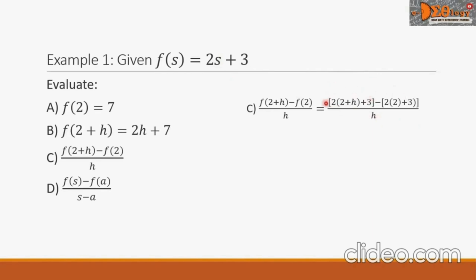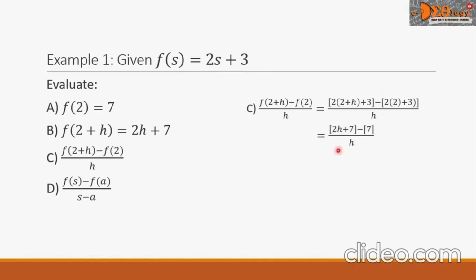Actually, we solved this already, and this is the answer, letter B. And the second function, we have the answer already in problem A. We can simply substitute the values of A and B respectively.